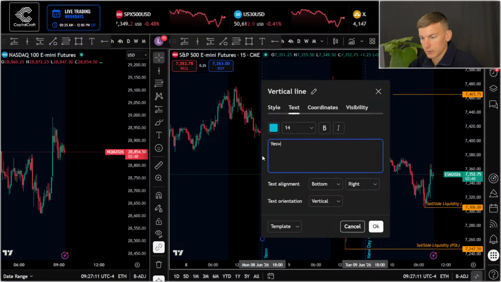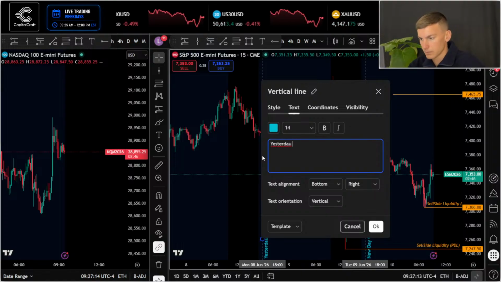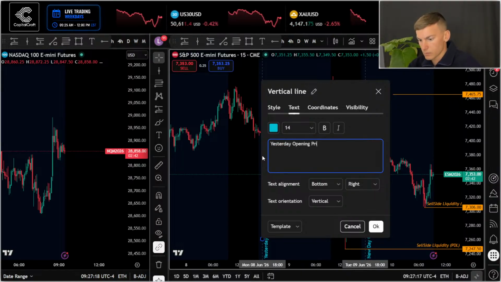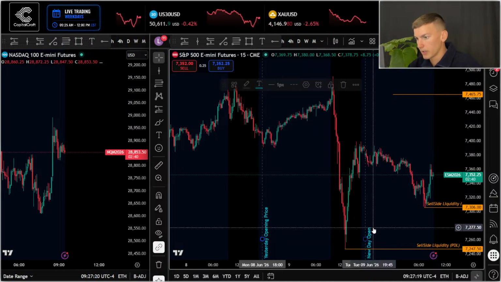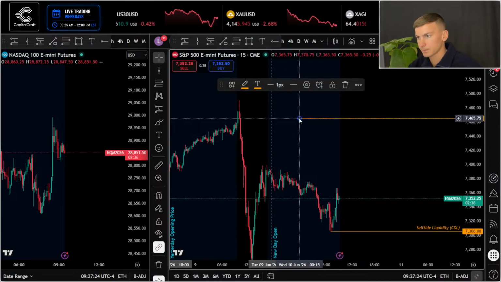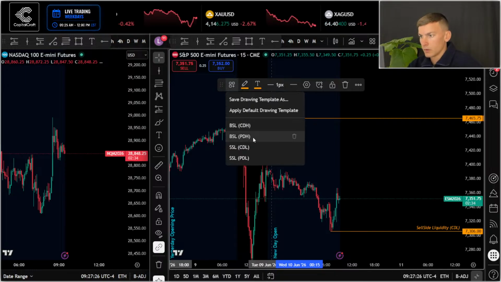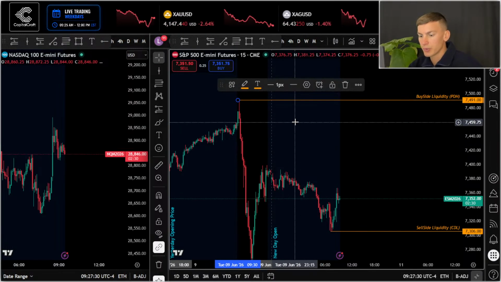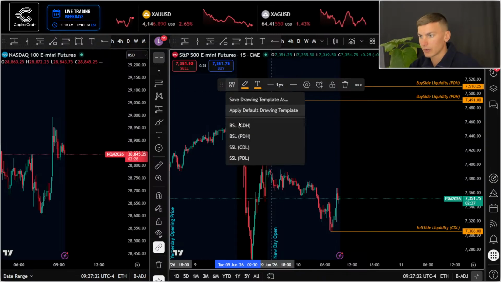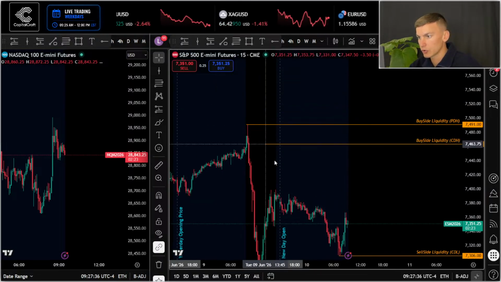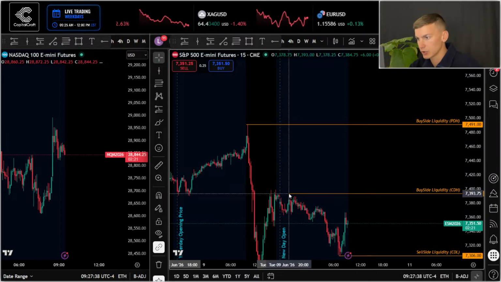We should probably create templates for this so that we don't have to do it again. Now I'm going to go ahead and mark our previous day high. You'll note that the S&P as well as the Dow Jones have not yet taken our previous day high. We are still within yesterday's trading range.